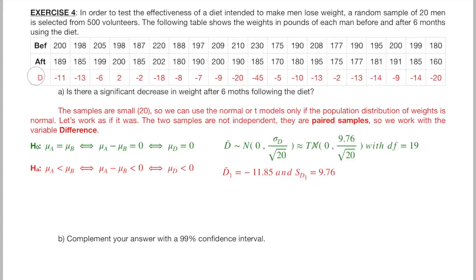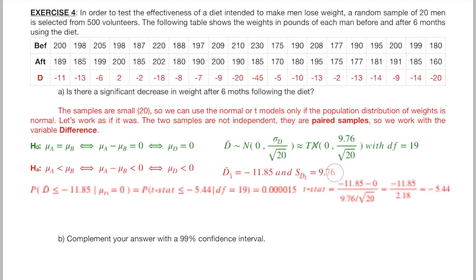The standard deviation of all these values is 9.76 and the mean is negative 11.85. This means that our sample has a t-stat of negative 5.44. This t-stat helps us measure the compatibility of the sample with the mathematical model based on the null hypothesis. This is a massive t-stat, so this is very suspicious.